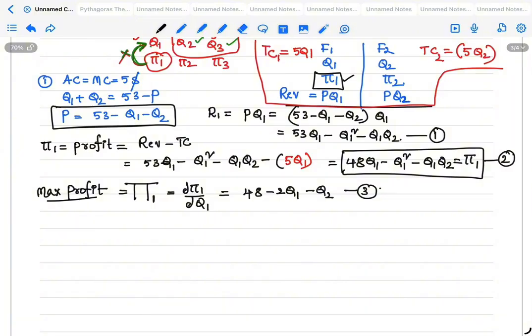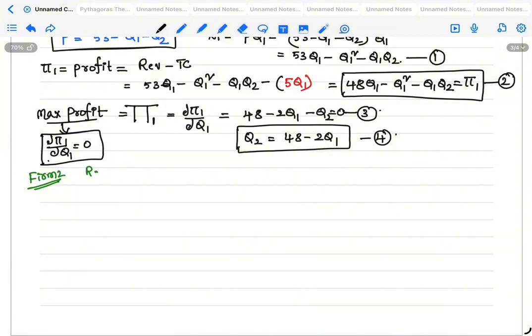So find Q2: for maximum profit, dou pi 1 by dou Q1 equals 0. So Q2 equals 48 minus 2 Q1.